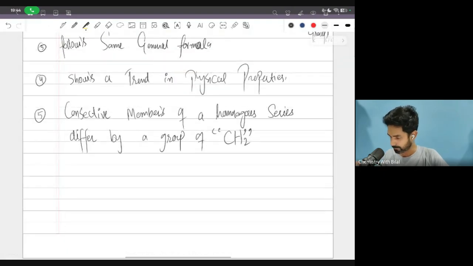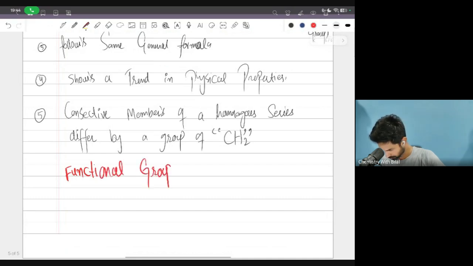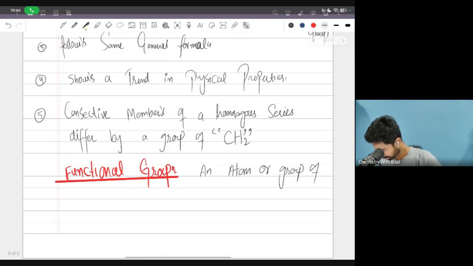Now let's understand what is functional group. ऊपर मैंने लिखा हुआ functional group. So what is this functional group? Functional group is an atom or group of atoms that imparts chemical properties to a homologous series.